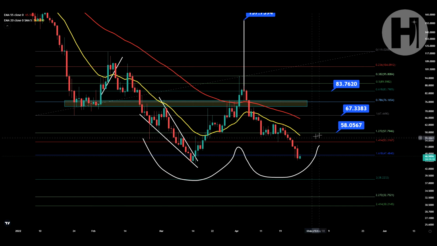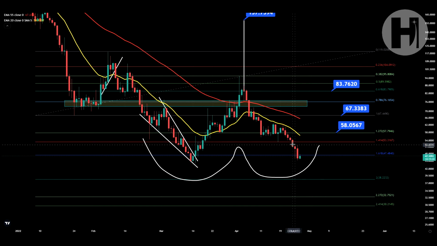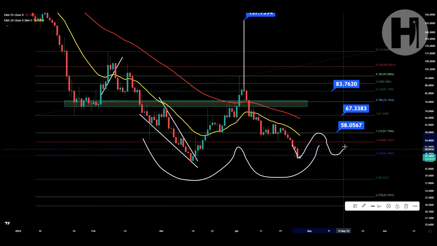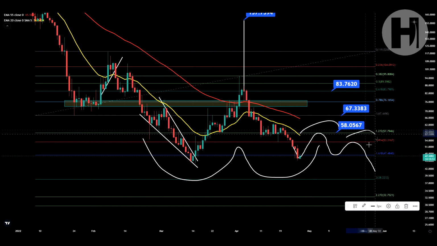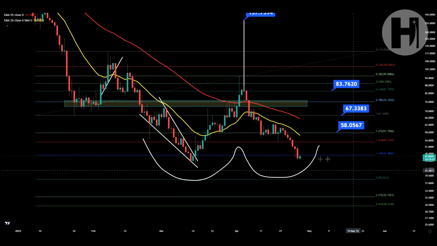And we haven't back tested these levels as resistance. So what could happen is we come back from here, back test that as resistance and continue going down, or we come back up to the 1.272, get rejected from there, land on the 1.618, get rejected from the 1.414, and continue this downtrend where you create lower lows and lower highs constantly. And that is not what we want.